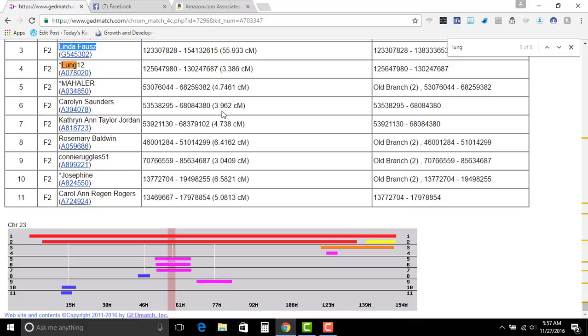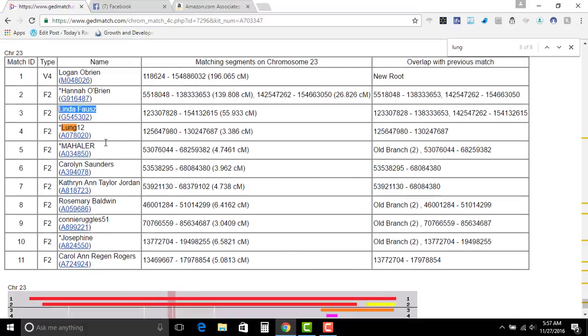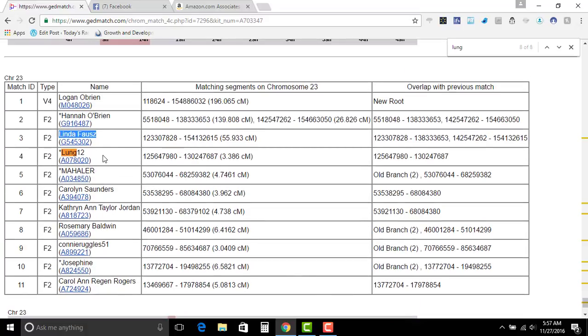Once again, you're using this as a guideline. Right now I'm not interested in any of the other names, so I didn't go over them. I'm only particularly interested in the Long and Linda right here because that's the branch that I'm searching.